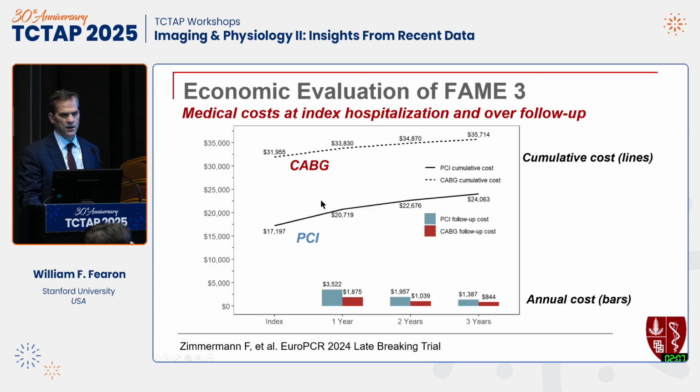And when we look at costs, not surprisingly, costs are much lower in PCI at baseline, and there's a slight catch-up, but still there remains a very highly significant difference in costs at 3 years.